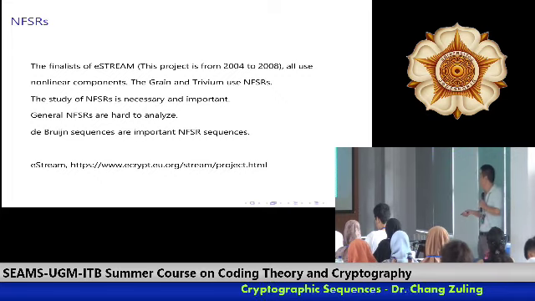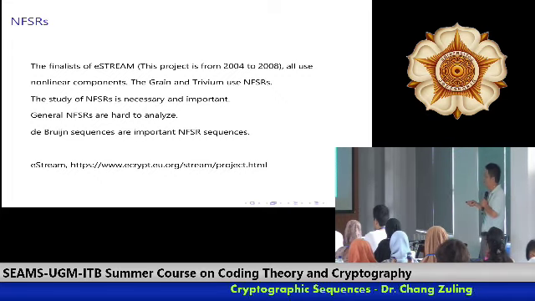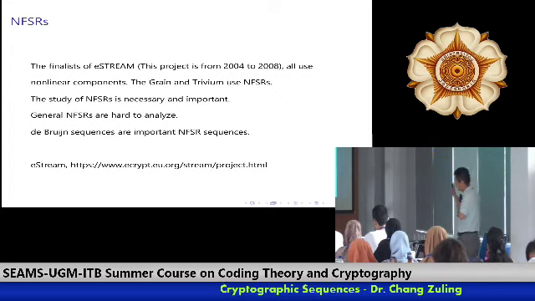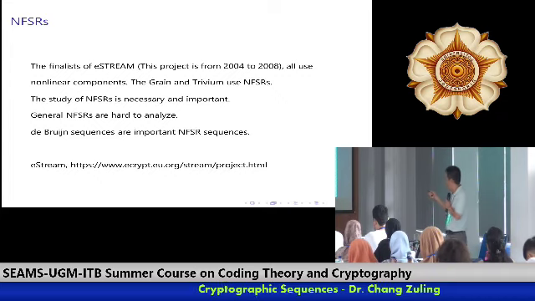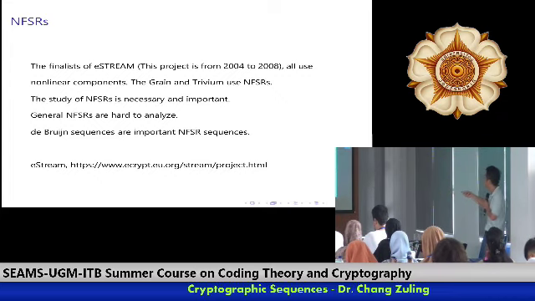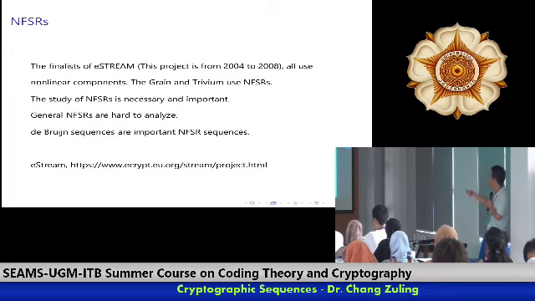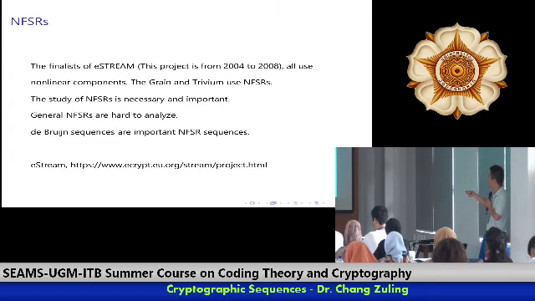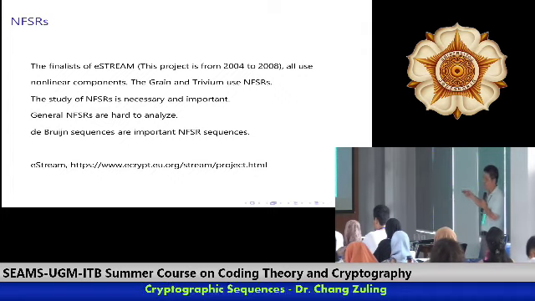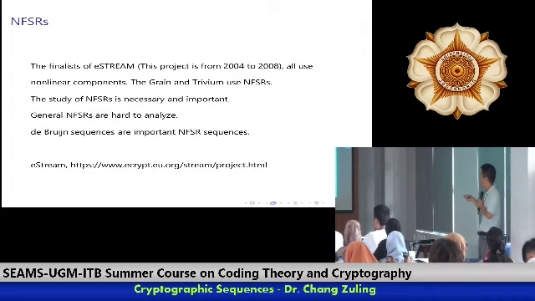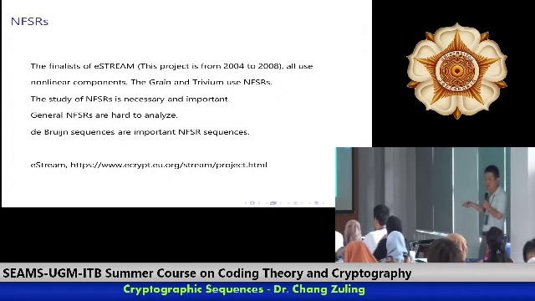And the de Bruijn sequence is a special nonlinear NFSR sequence. It can be generated by some n-stage NFSR. So it's very special, so it attracts more attention.